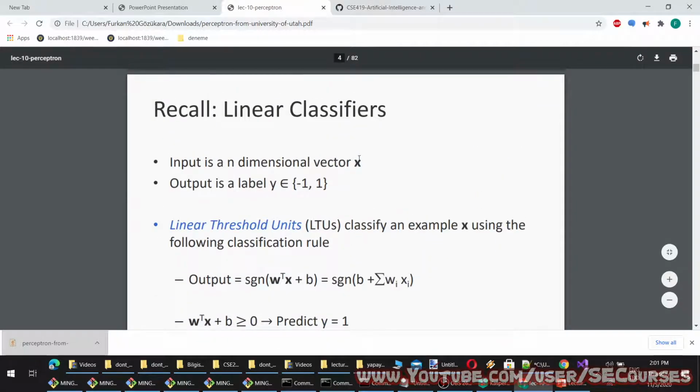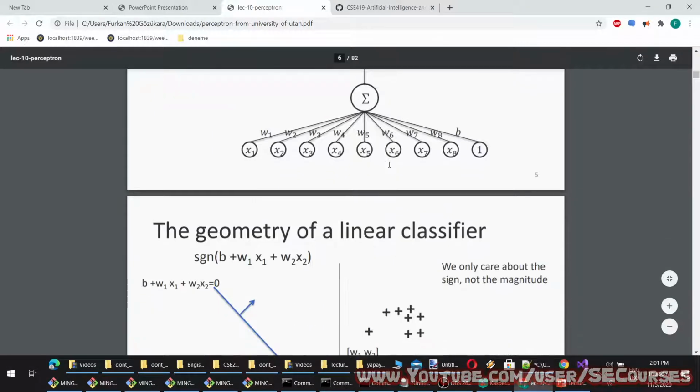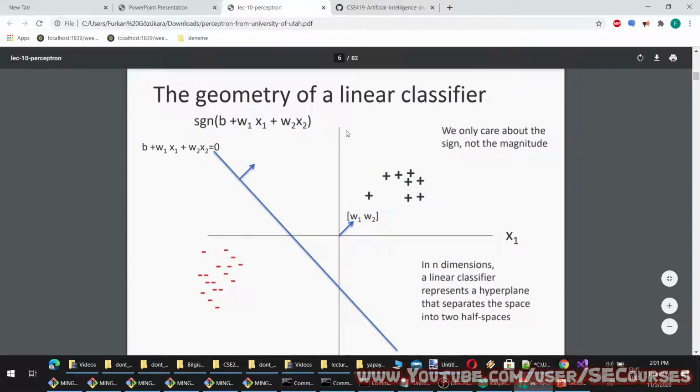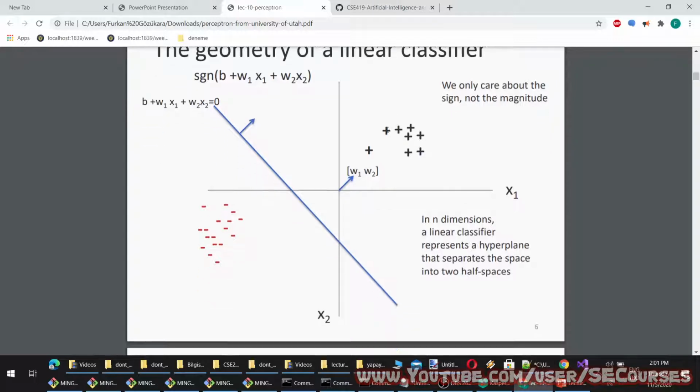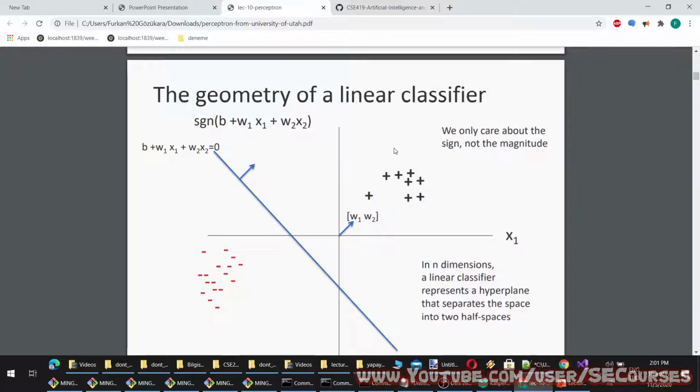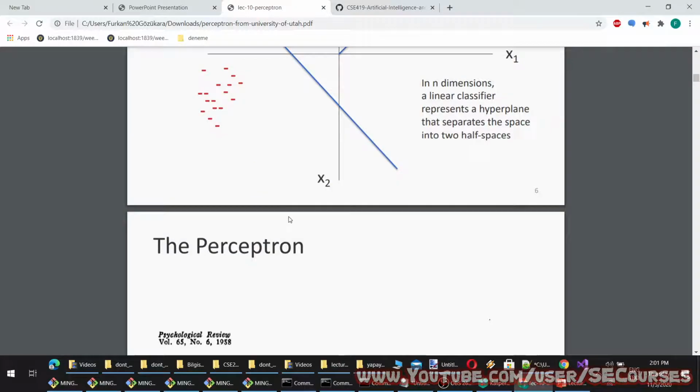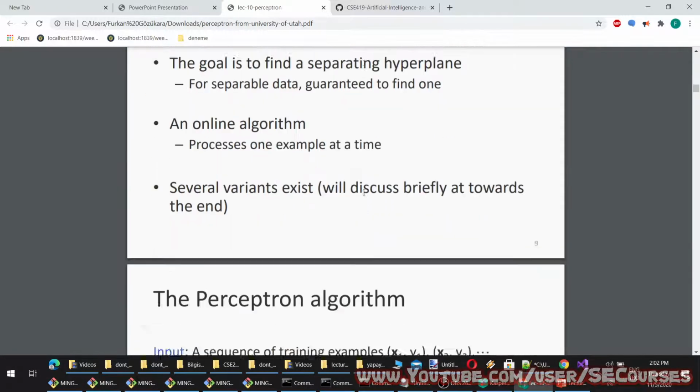So perceptron is a linear classifier. However, there can be multiple perceptrons to classify. We will see that in the future. It can be 2 dimensions, or it can be more than 2 dimensions as well.